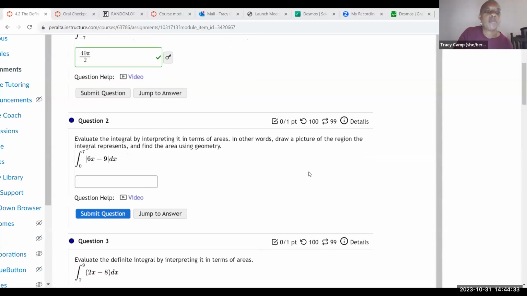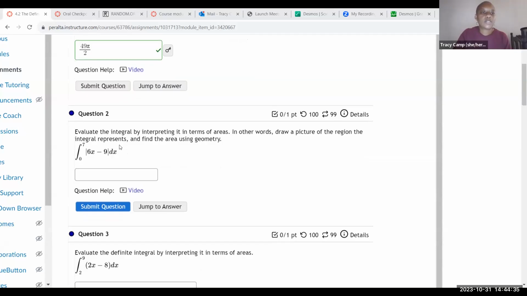So let's look at problem number 2. This one's asking us to evaluate this definite integral from 0 to 7 of the absolute value of 6x minus 9 dx.